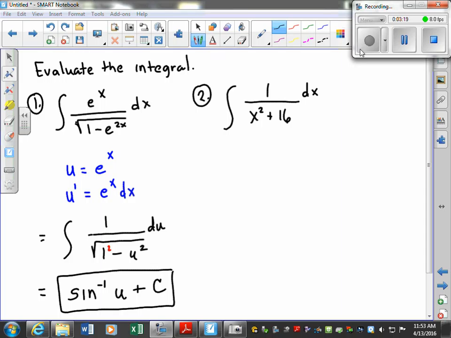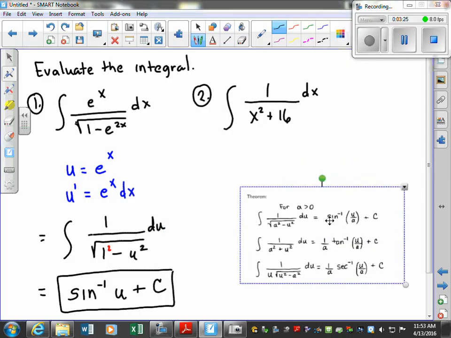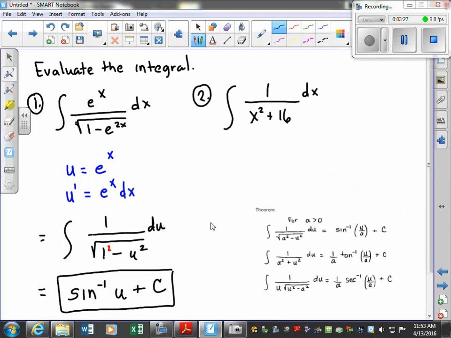Okay, so the integral of 1 over x squared plus 16 dx. Let's pull our formulas. Which one of these does it look like could possibly match? The second one, right? There's no square roots, first of all, so I'm thinking it's going to be the tan inverse one. I have to determine what a is and what u is.